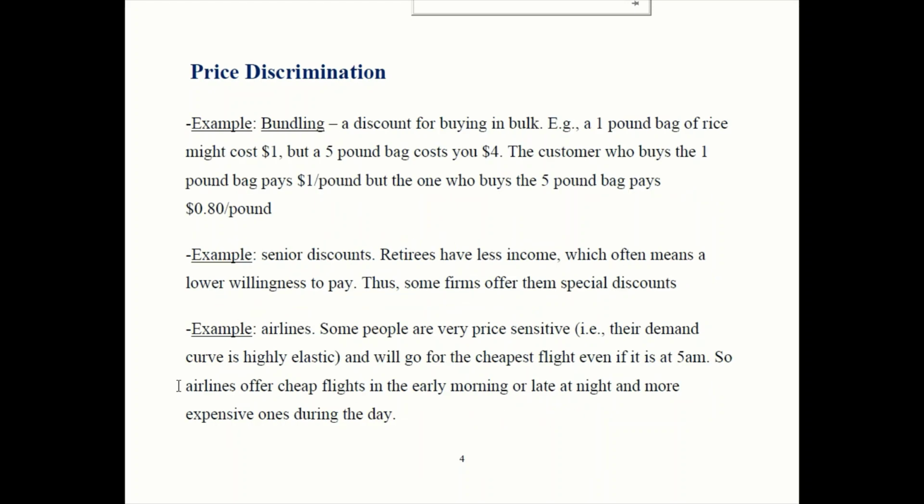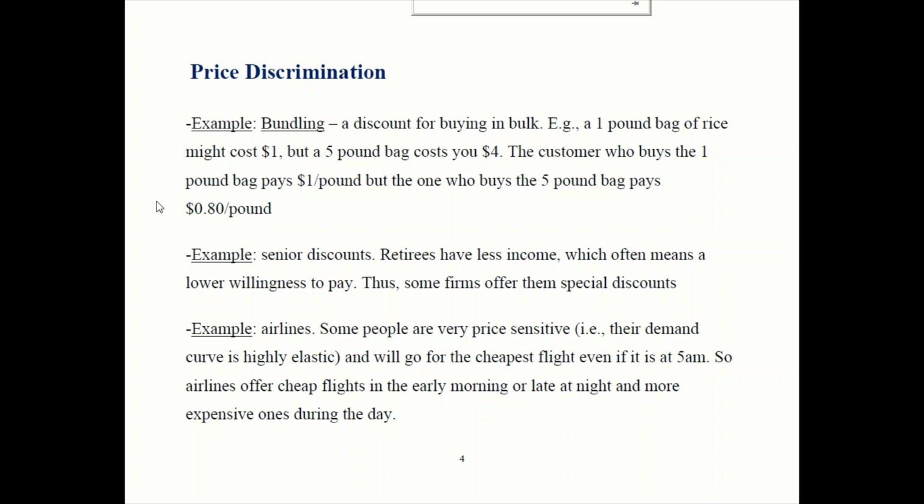So I mentioned in my introduction that bundling was an example of price discrimination. So those deals where if you buy one, you get the second unit 50% off. So this means a discount for buying in bulk. So here's how that can be a form of price discrimination. Maybe if you buy a 1 pound bag of rice, it only costs you $1.